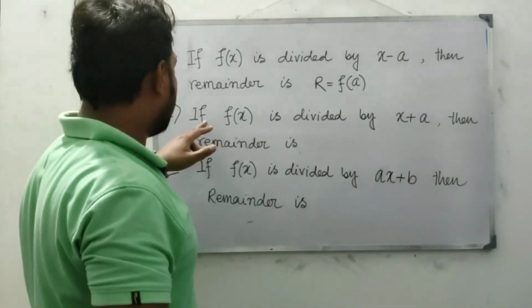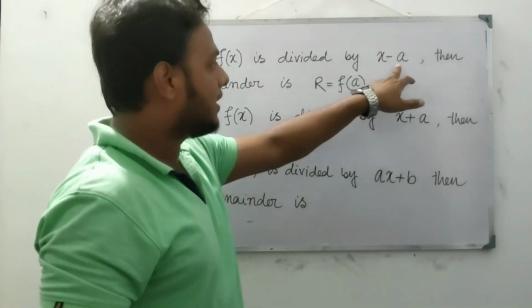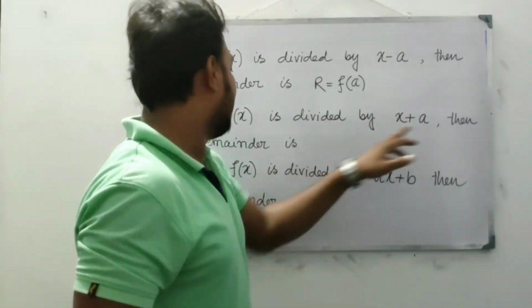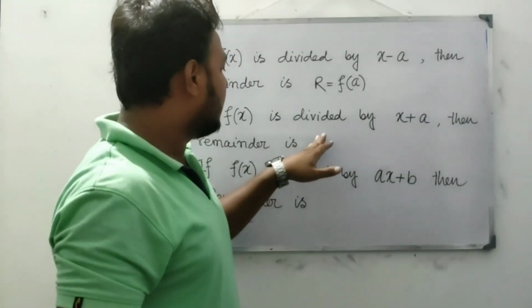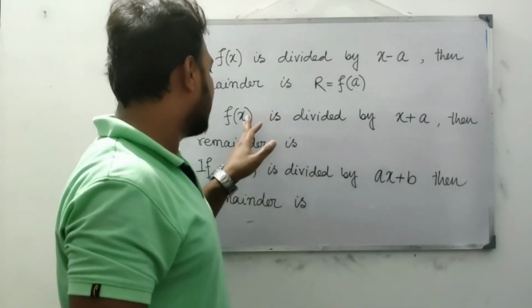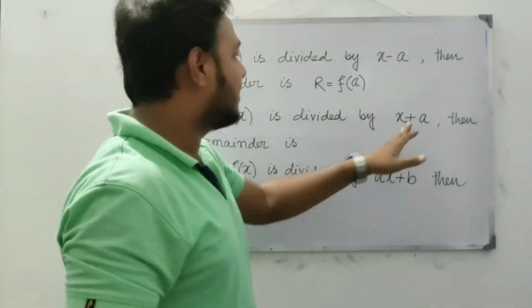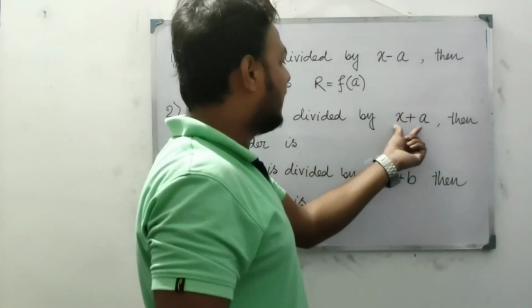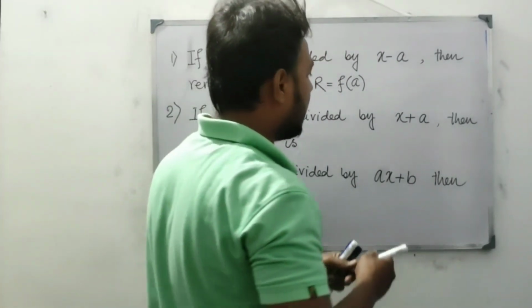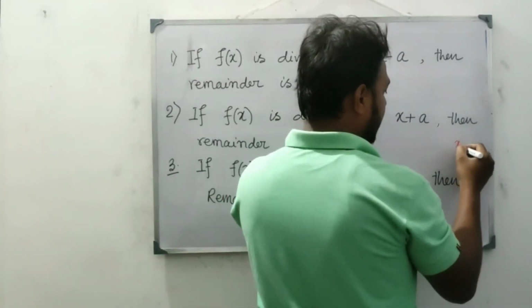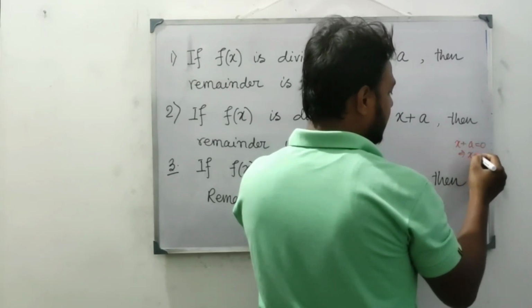Second, if f(x) is divided by x plus a, in the place of x minus a, then the remainder: which value you have to put in the place of x, you will get by considering the divisor equals 0. So x plus a equals 0 implies x equals minus a.